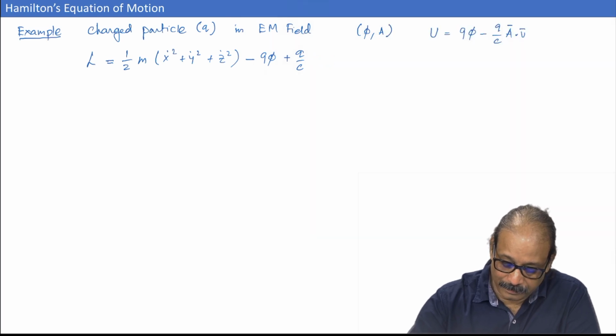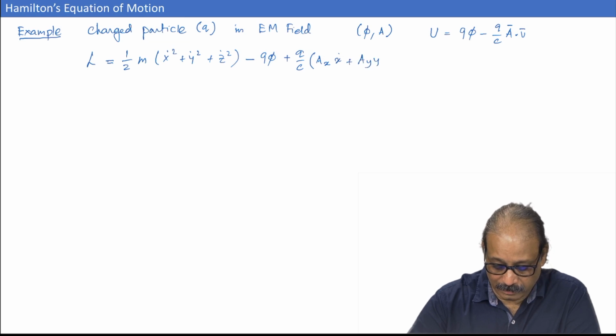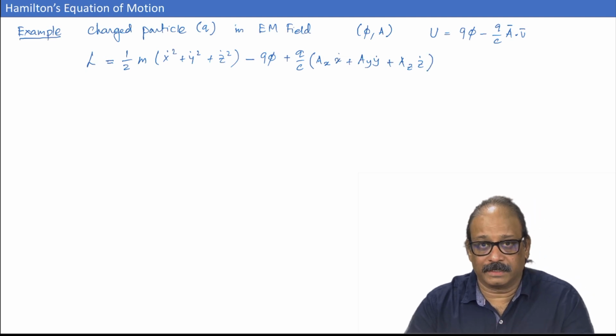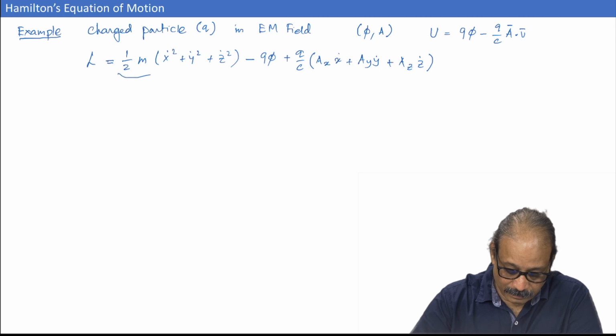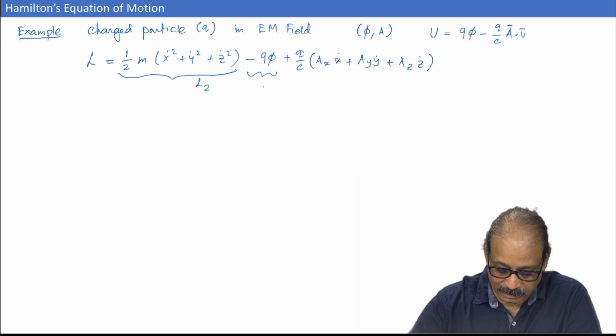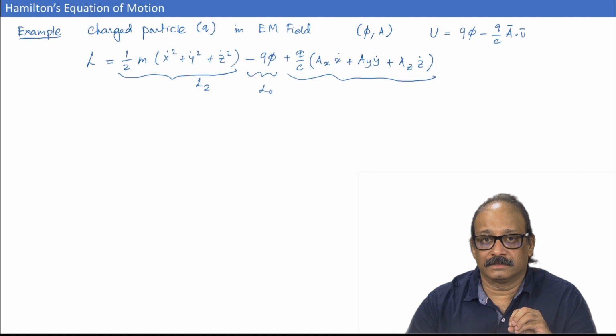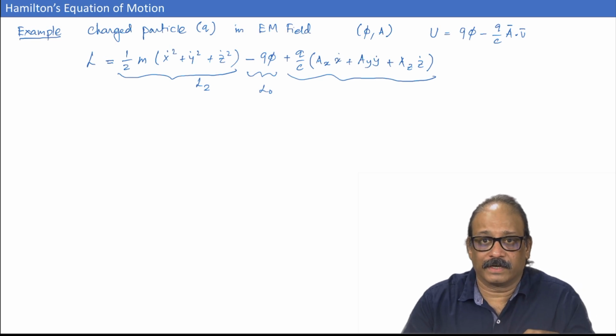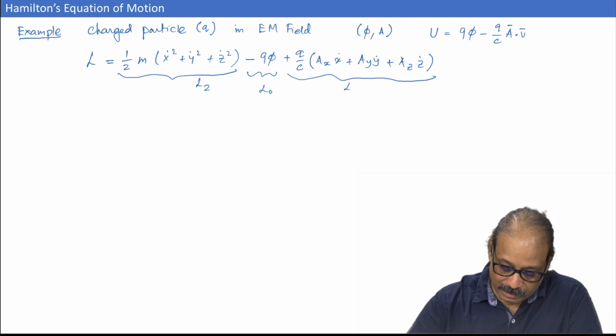So, that will then become A x x dot plus A y y dot plus A z z dot. And now notice there is a quadratic part. So, this is your L 2, this is your L 0, and the terms which are linear in q dot, or in this case x dot, y dot, z dot, this is your L 1.